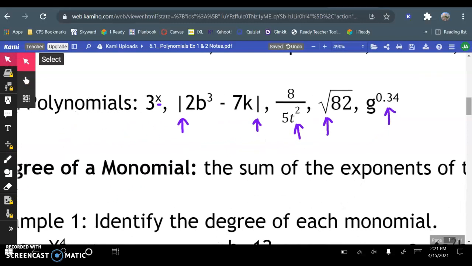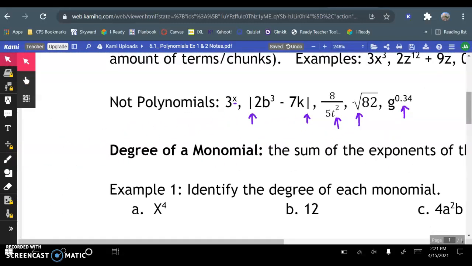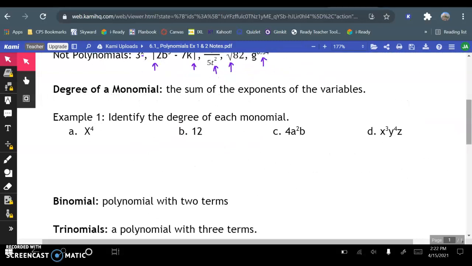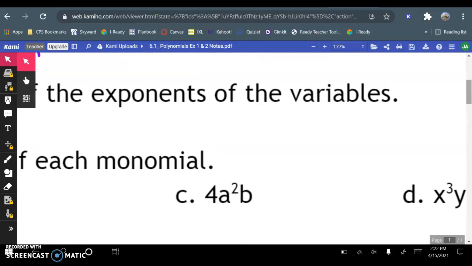Those are the few rules, but everything else would be considered a polynomial. So no variable as an exponent, no absolute value, no variable in the denominator, no radical symbol, and no decimals as exponents.